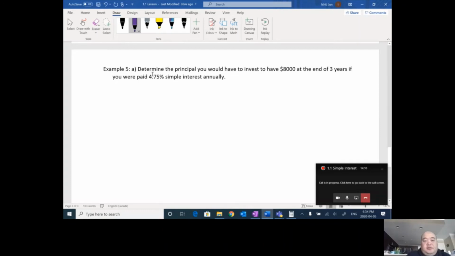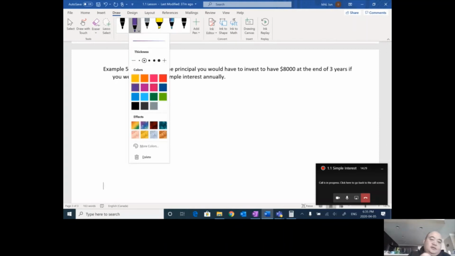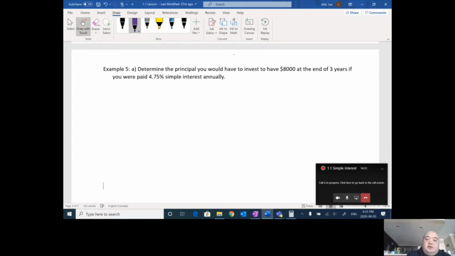Okay, so determine the principal you would have to invest to have $8,000 at the end of 3 years, right? If you were paid 4.75% simple interest annually. Okay. So let's break this down. First thing we want to do is find the principal.